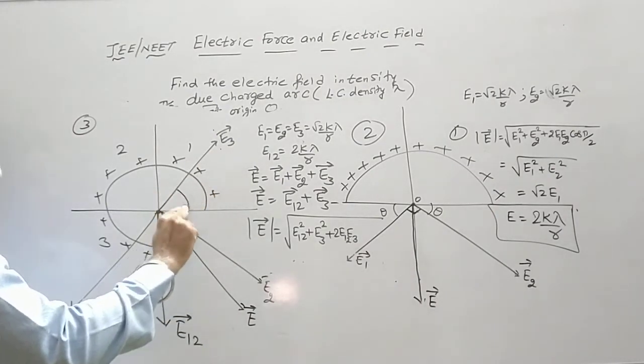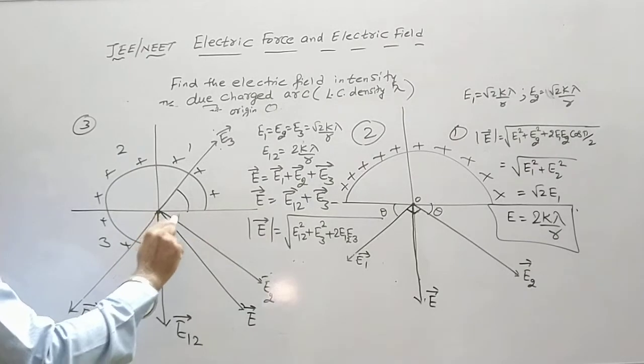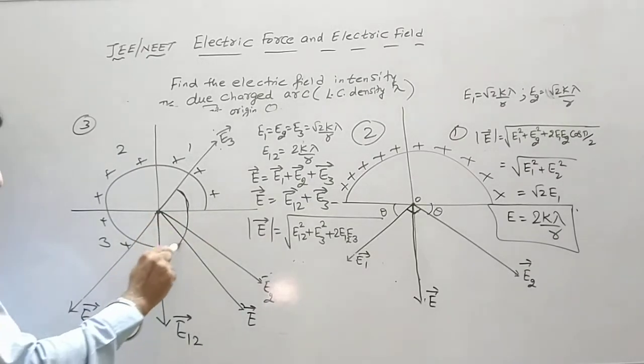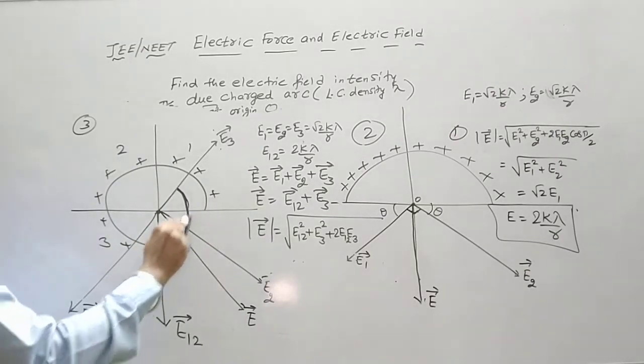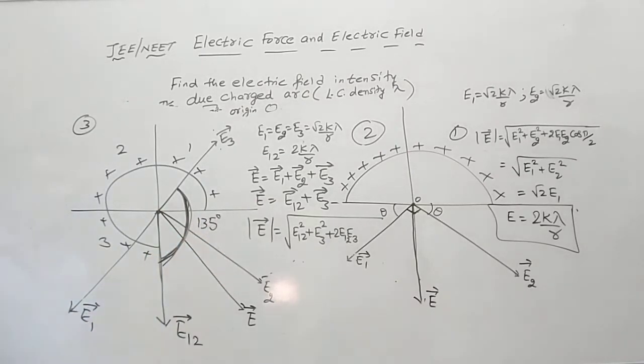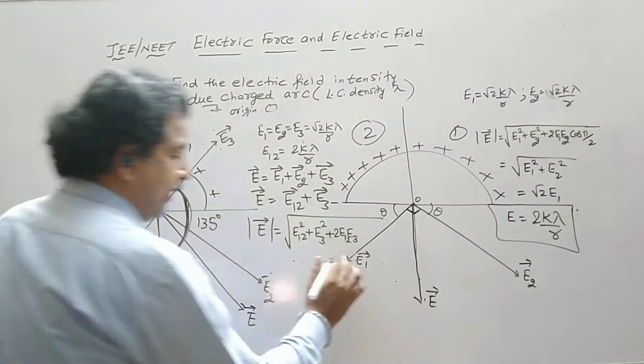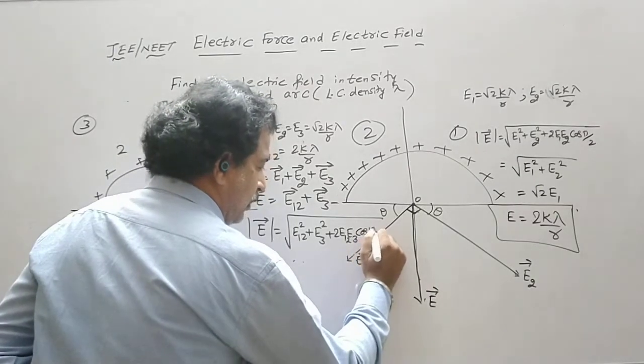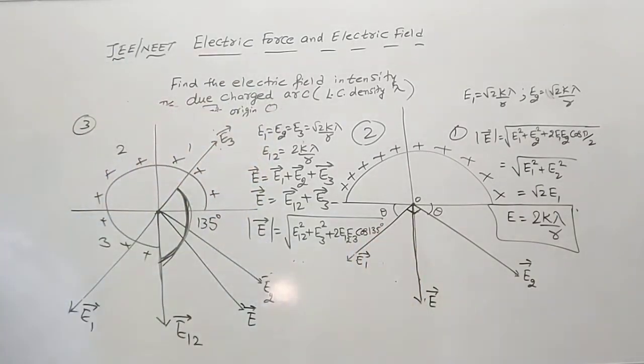Now the angle between 12 and 3. This angle we know will be 45 degrees and this angle is 90. So the total angle, this angle, is 135. And cos 135 will be equal to minus 1 by root 2.